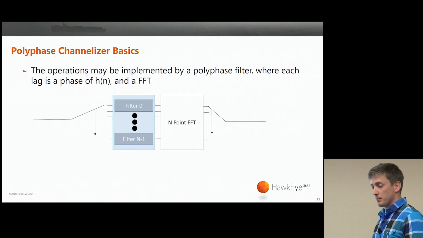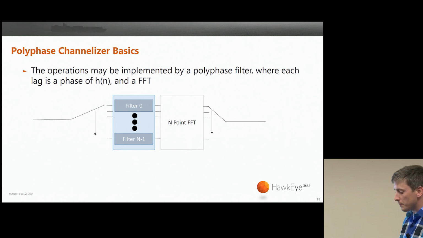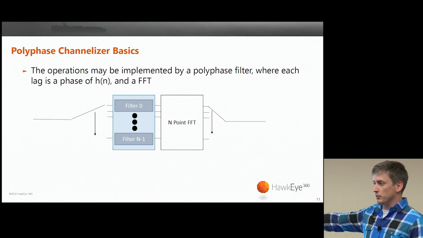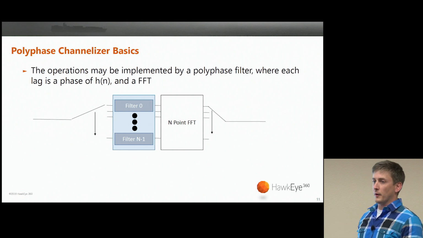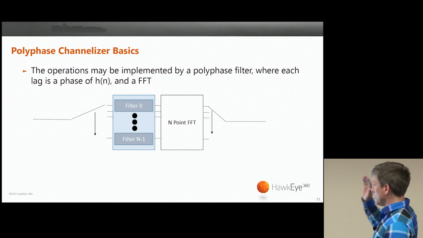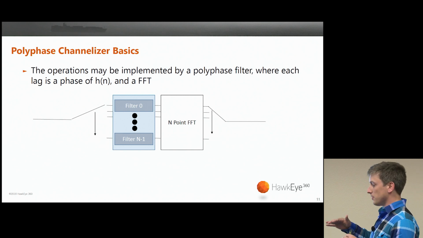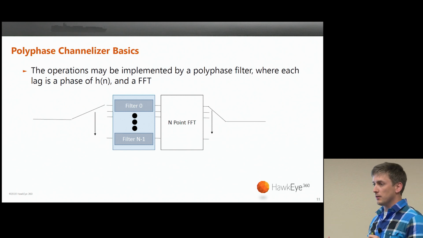So if you look at the actual implementation, and this is what we've chosen to implement in the implementation we did, you put in your sample stream. The left indicates your full 40 megahertz, or whatever your spectrum is. You mux that to n different filters, where each filter is the same h of n, sampled differently.